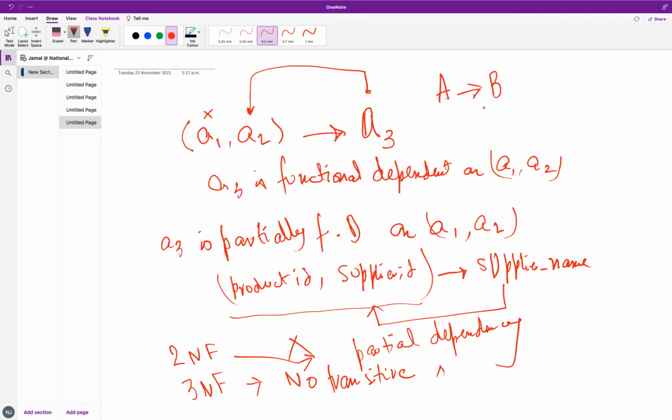B is dependent on A, C is dependent on B. Indirectly, C is also dependent on A, right? This is a transitive property, a very basic maths property. So this sort of thing is not allowed in 3NF.